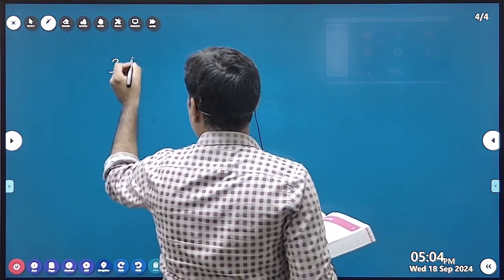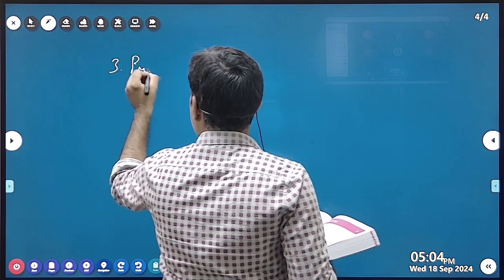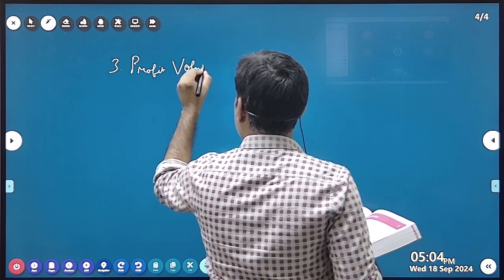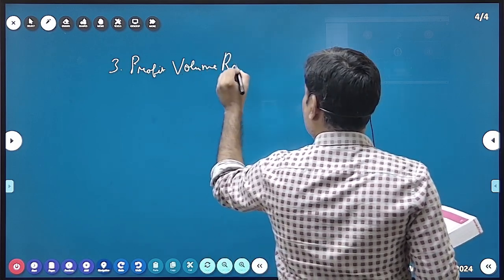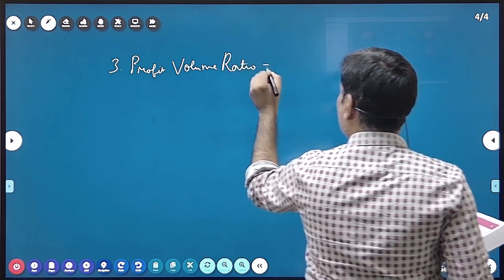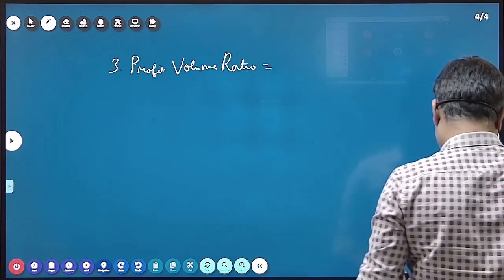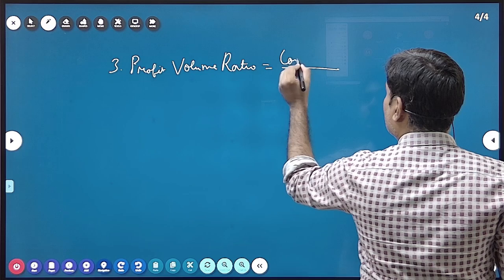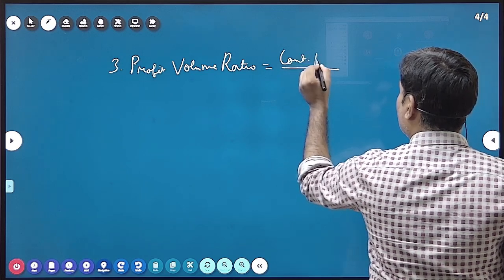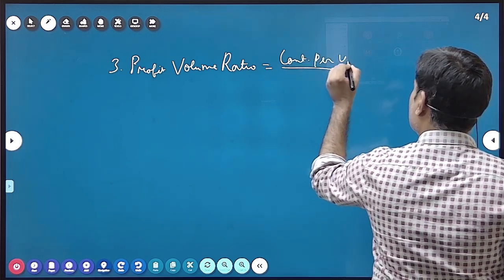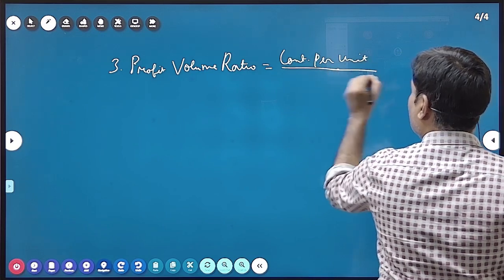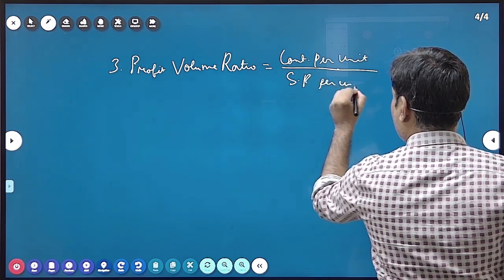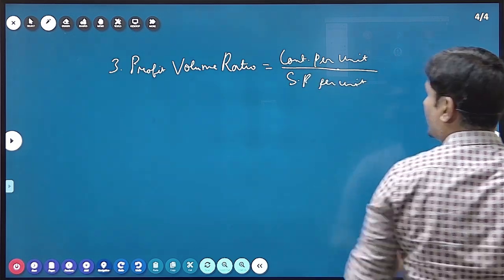Profit volume ratio is equal to contribution per unit by selling price per unit.